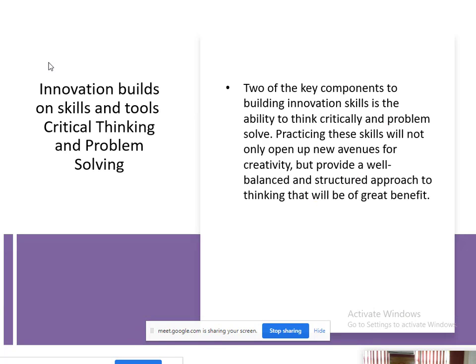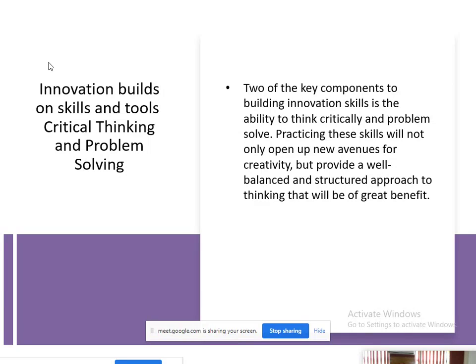on skill. This is a very beautiful line that is written: innovation builds on skills and tools. I am already talking about the real technologists, or the real innovators. The real technologist or innovator will be able to innovate the product based on his skill only.